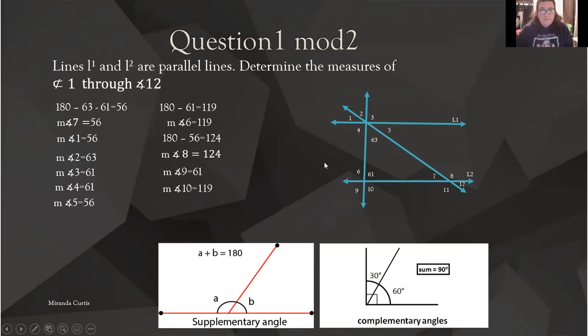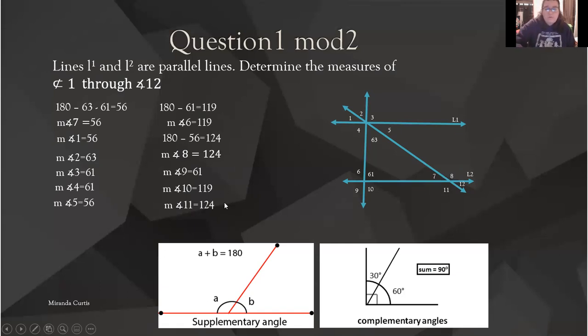Okay, 10 is right here and 6 is right there. So again, they're just like these two. They're the opposite of each other and they're also vertical. So they're going to have the same value. So 10 is going to be 119. Okay, 11 is over here on the bottom and 11 is the opposite angle of 8, and 8 was 124, and it's a vertical angle, and it's going to equal the same.